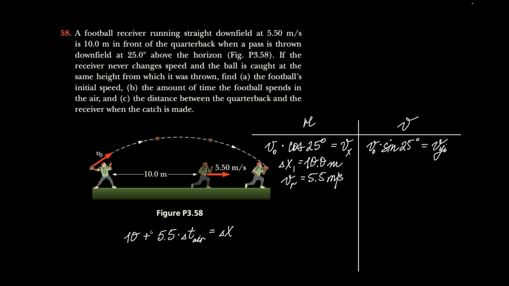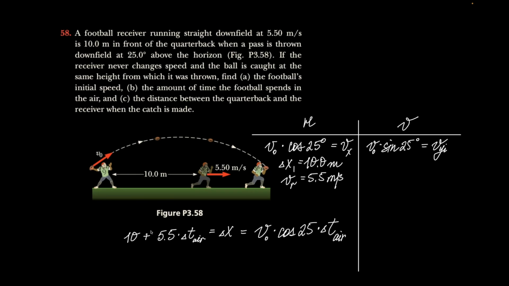While the ball was in the air, it traversed the horizontal displacement that will equal 10 meters, the distance between the receiver and the quarterback, plus the distance that the receiver is going to run during that time while the ball is in the air. So the total, 10 plus 5.5 times time in the air, will give you change in x. And it will be equal to your v0 cosine of 25 times the same change in t in the air. Hopefully this will make sense.